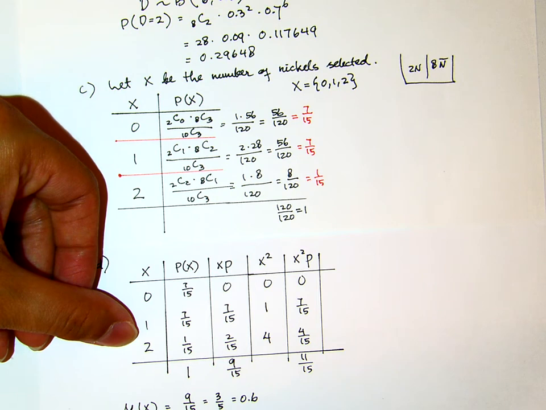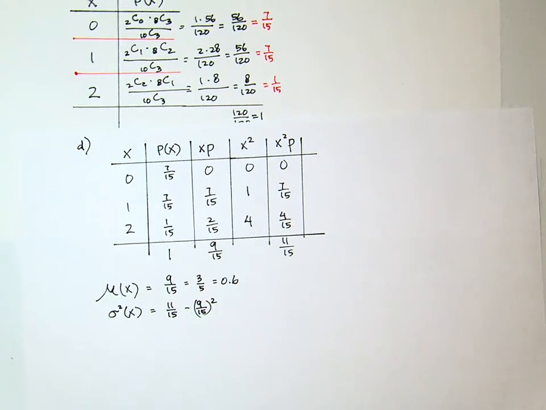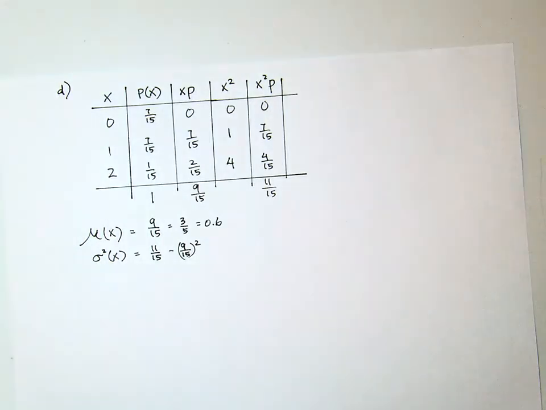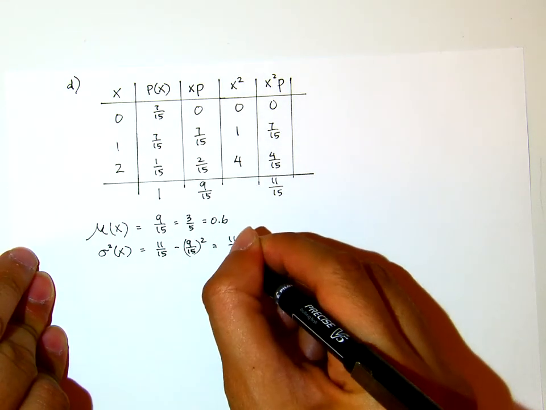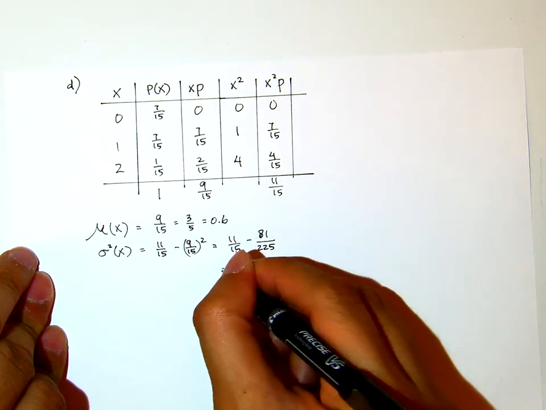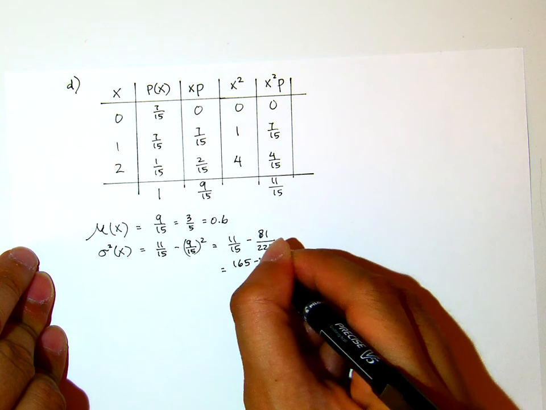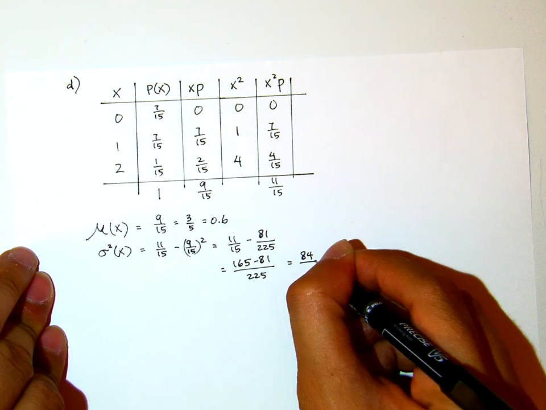While the variance of x is 11 over 15 minus 9 over 15 squared. I hope you remember the formula. Oops, it's not visible. Let me just use this. And this equals 11 over 15 minus 81 over 225. This is 165 minus 81 over 225. I think that's 84 over 225.